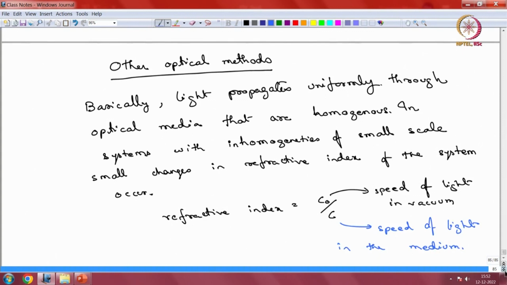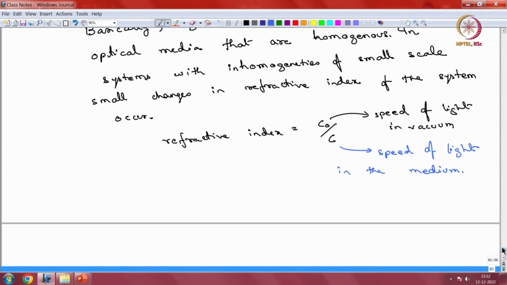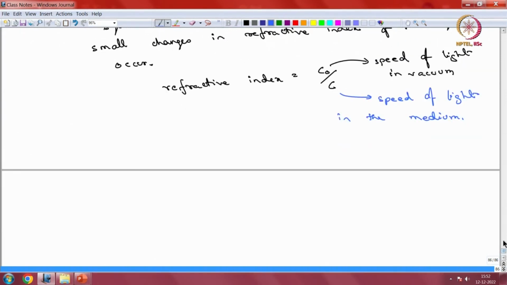Now, these differences of refractive index that can occur for systems which have these small inhomogeneities need not be very high. So the differences that techniques like shadowgraphy and Schlieren exploit are often very small. They can even be as small as the third and the fourth place of decimal, and that is good enough for creating strong optical changes which are reflected in the images.